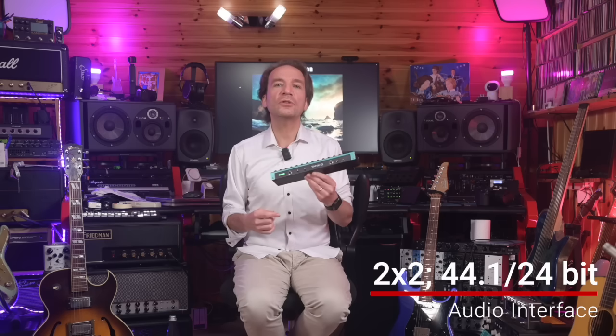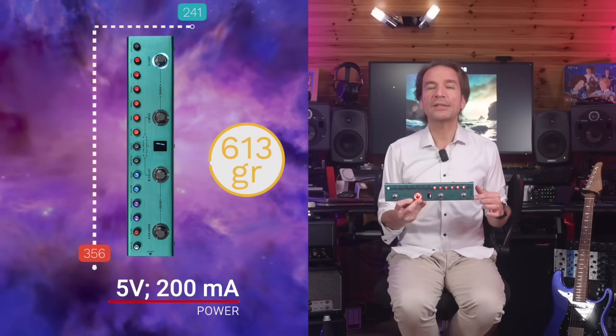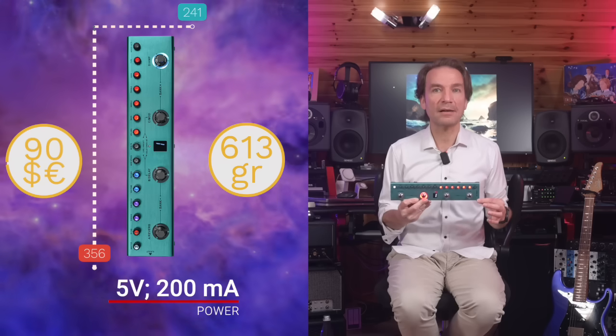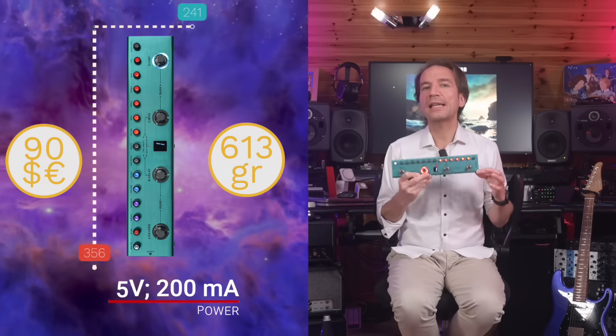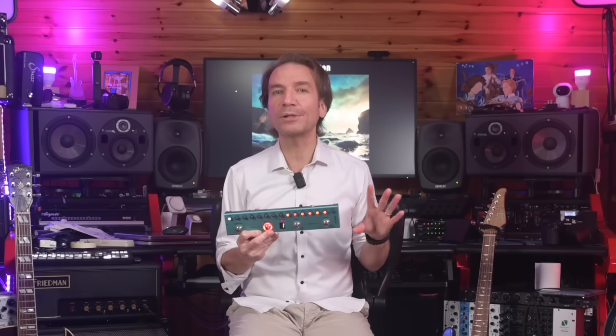It can serve as a 2x2 USB-C audio interface thanks to its USB-C port at 44.1 kHz and 24 bits. The dimensions are shown on the screen. It runs at 200 mAh, its weight is 613 grams, and the price is around $90. Let's now hear some more sounds, also performing our beloved NULL test.